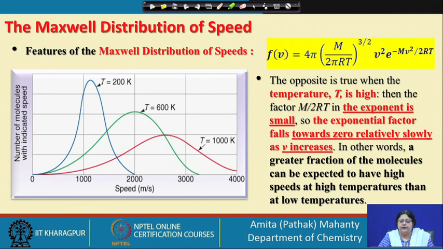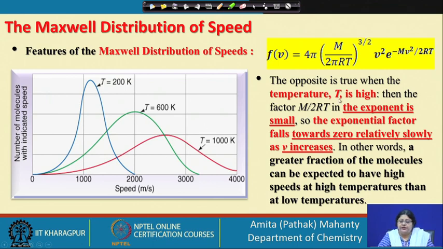Another thing you can look into, you have seen 3 temperatures, the distribution function at 200, 600 and 1000. You see how the distribution function looks. How is the peak changing and how the shape of the graph is changing.